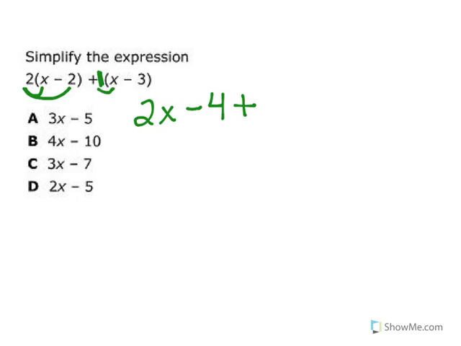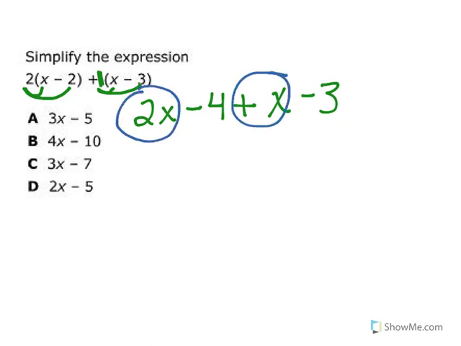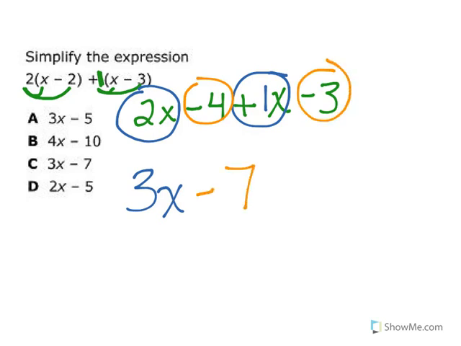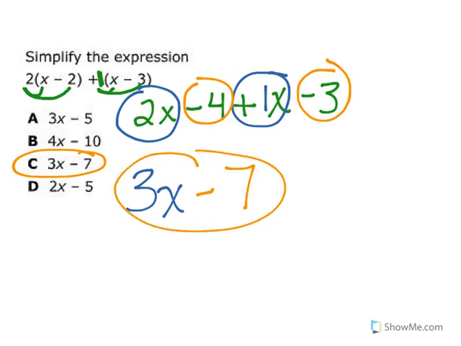So 1 times x is still x. And 1 times negative 3 is still negative 3. So I'm going to combine my like terms. My x, 2 plus 1 is 3x. And then negative 4 plus negative 3 is negative 7, which is C.